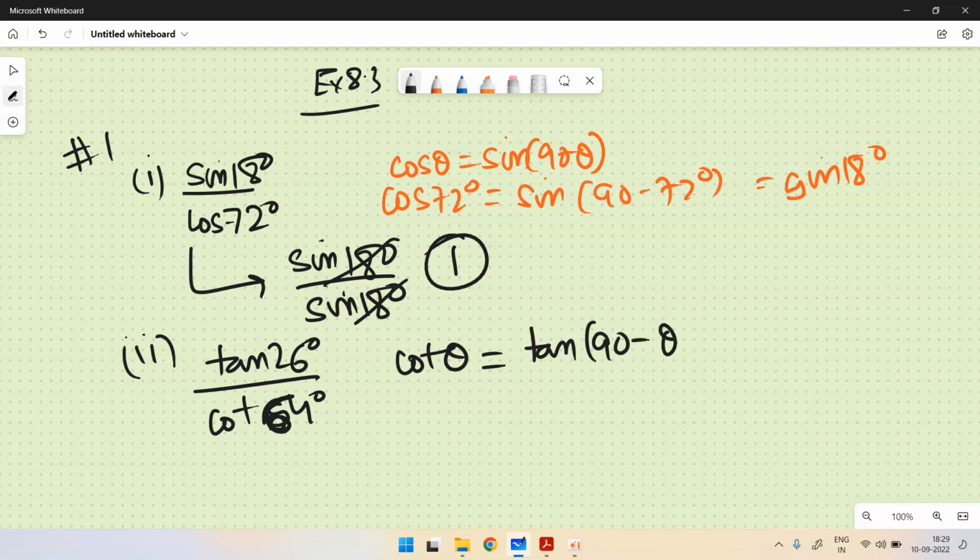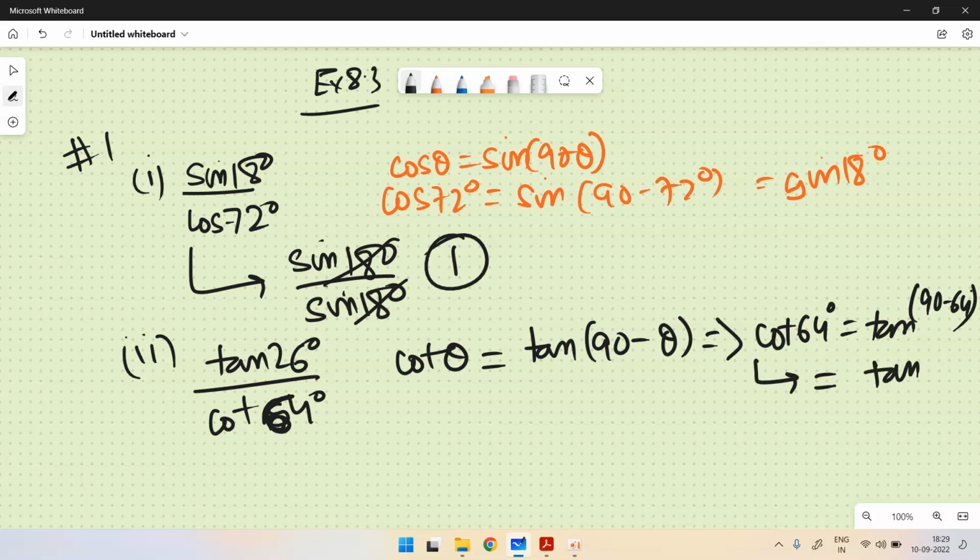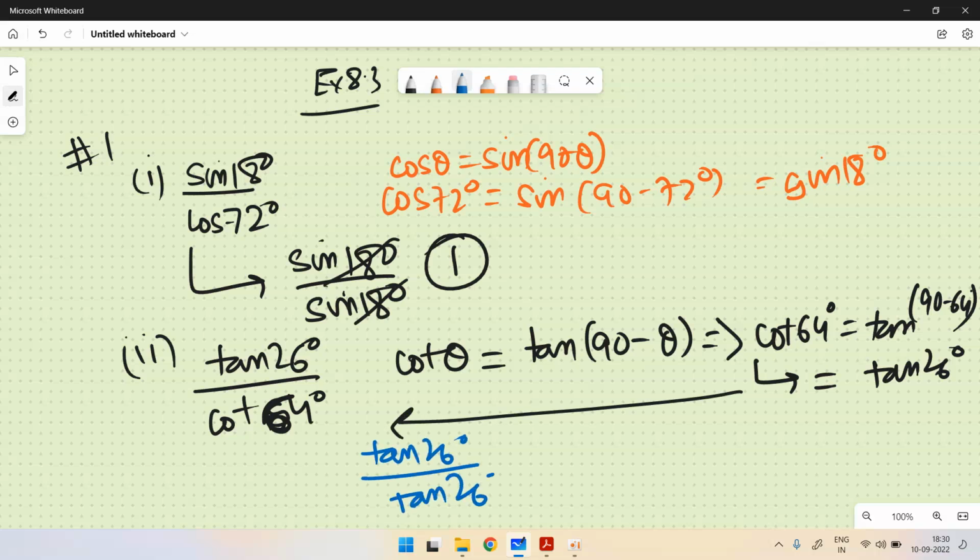So cot 64 degree is nothing but tan of 90 minus 64 degree, which is tan of 26 degree. If you substitute this here, you get tan of 26 degree upon tan 26 degree. This will also give 1.